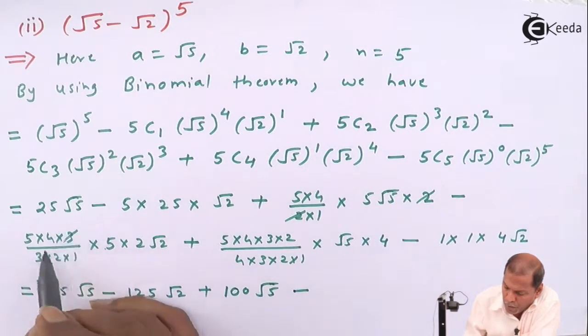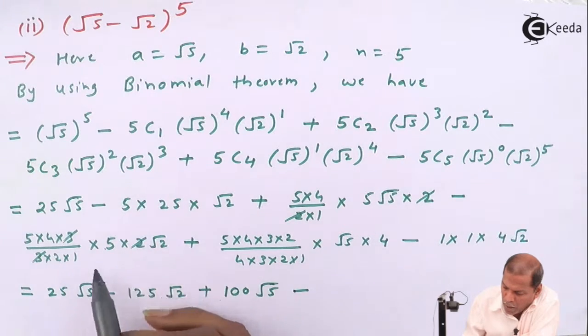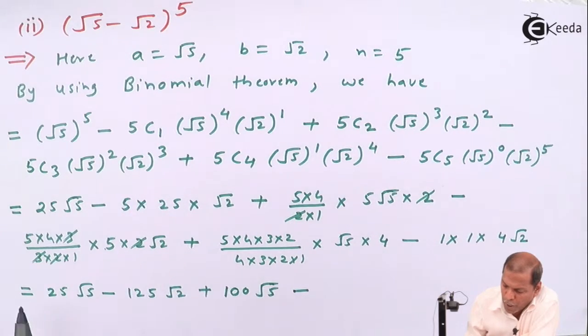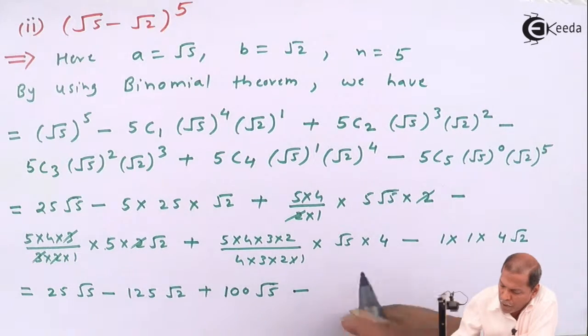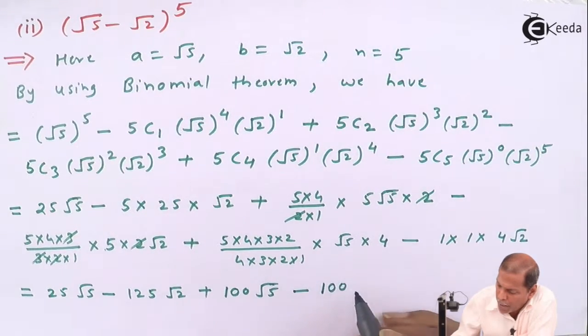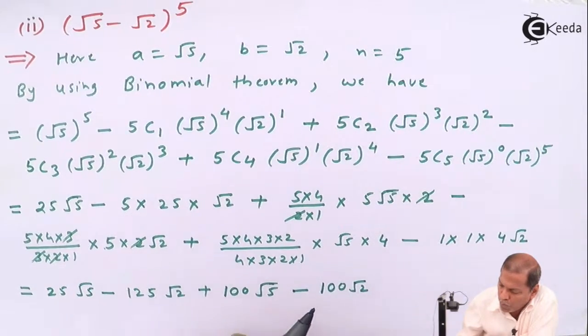Now here we cancel 3, again we cancel 2, so we have 5 into 4 is 20, 20 into 5 is 100. So we get minus 100 root 2.